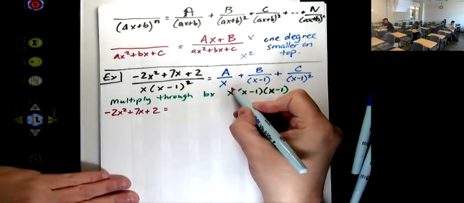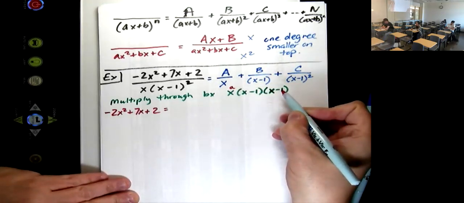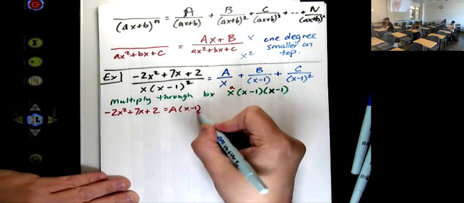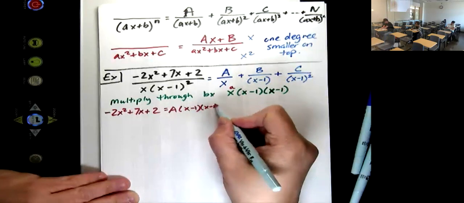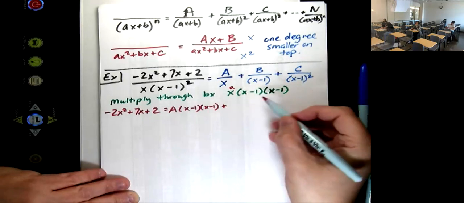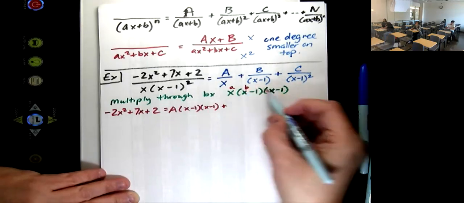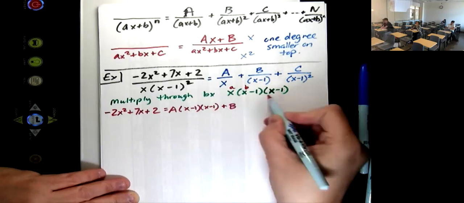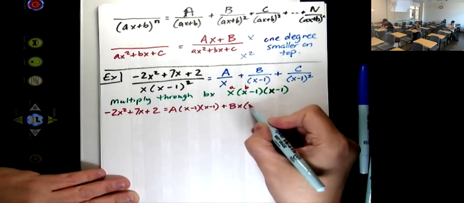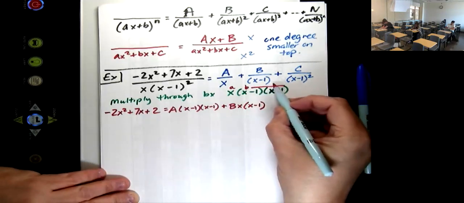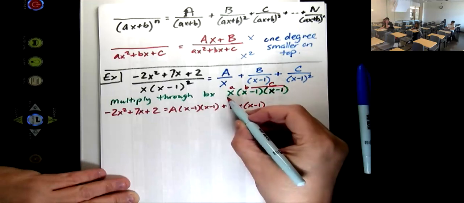This one is going to cancel with the a, so I have a times x minus 1 times x minus 1. The b one, this one is going to cancel on the b, so I'm left with the x and the x minus 1. And both of these cancel with c, so I'm just left with the x.